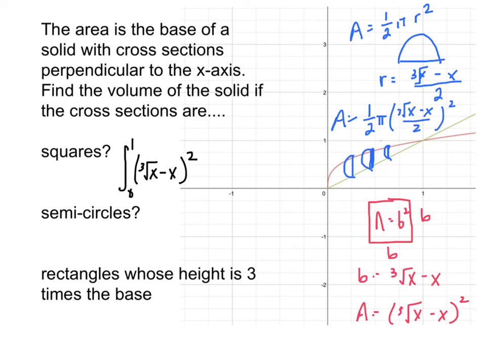So again, I just integrate 0 to 1. I like to put my constant multipliers out front. And we've got the cube root of x minus x over 2 squared, like that.